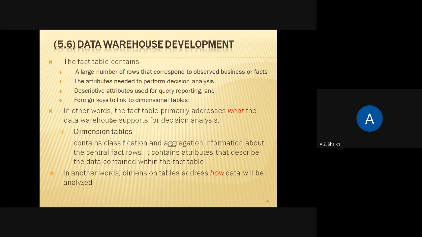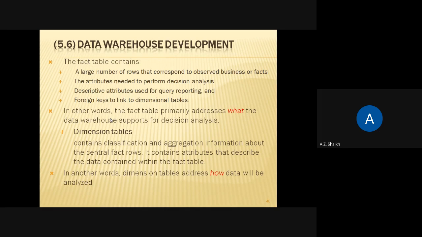In other words, the fact table primarily addresses what the data warehouse supports for decision analysis. In broad language, the fact table is where whatever we need for decision making is stored.